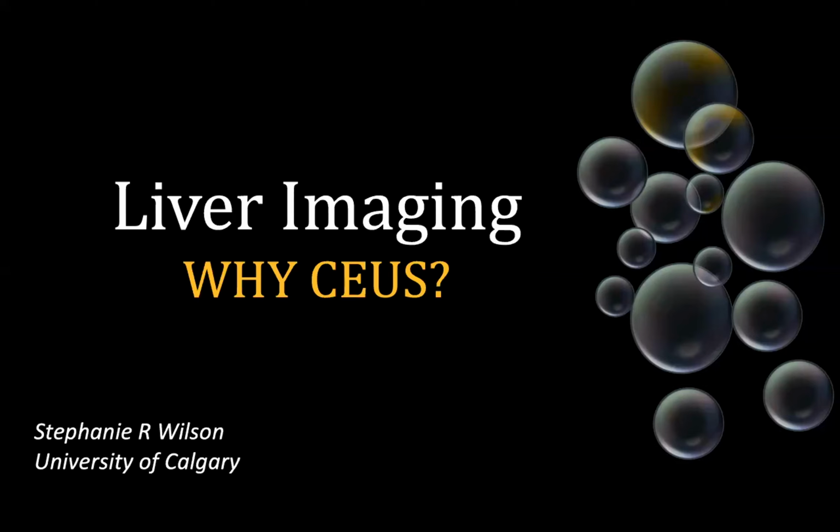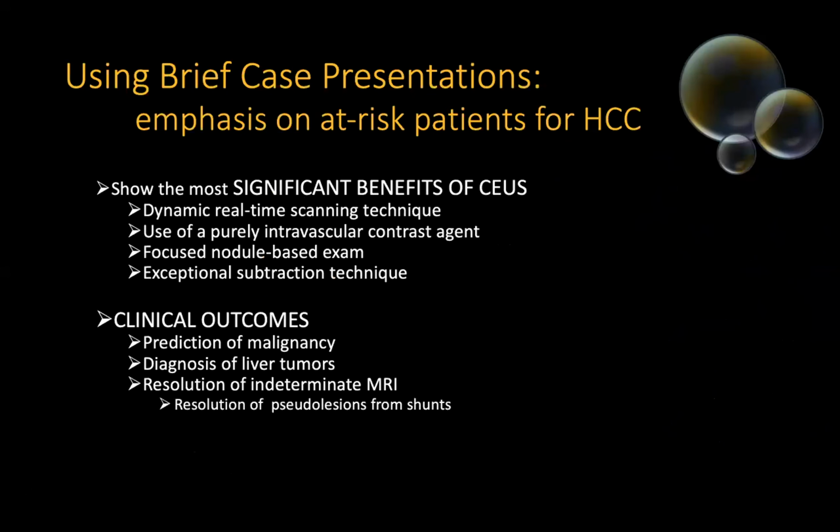So my presentation today is on liver imaging. Why CEUS? In this presentation, I'm going to use brief case presentations with emphasis on at-risk patients for hepatocellular carcinoma. The endeavor is to show the most significant benefits of CEUS.